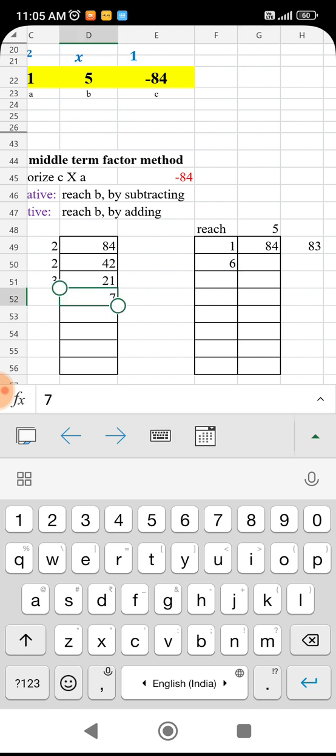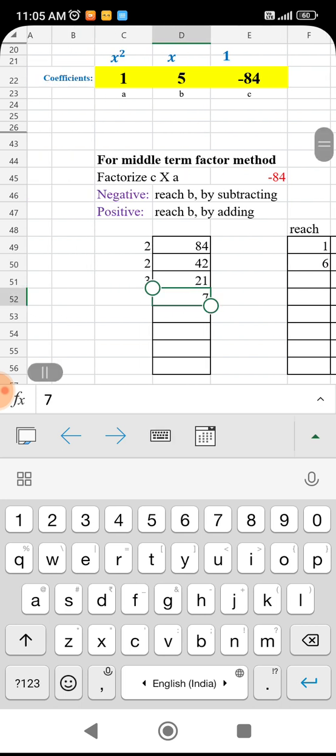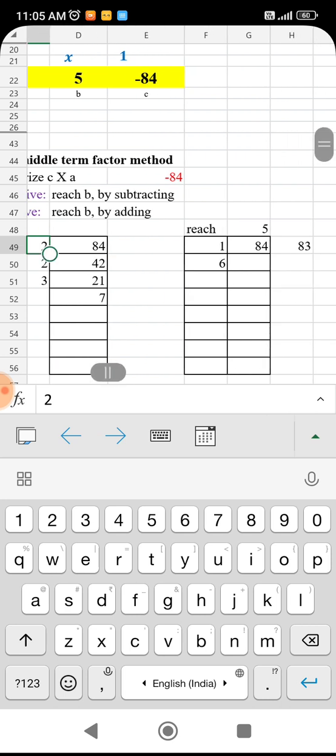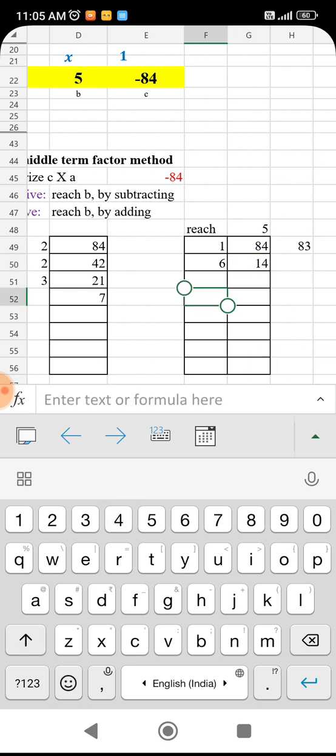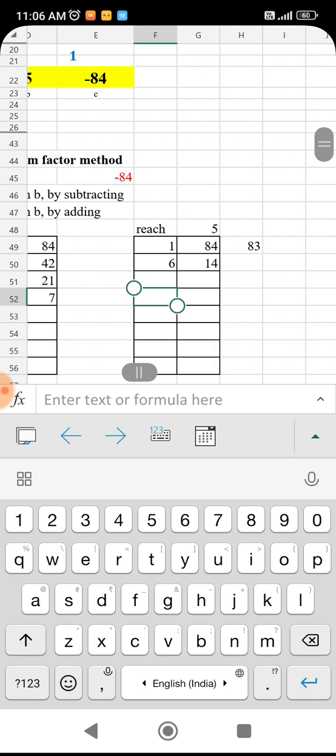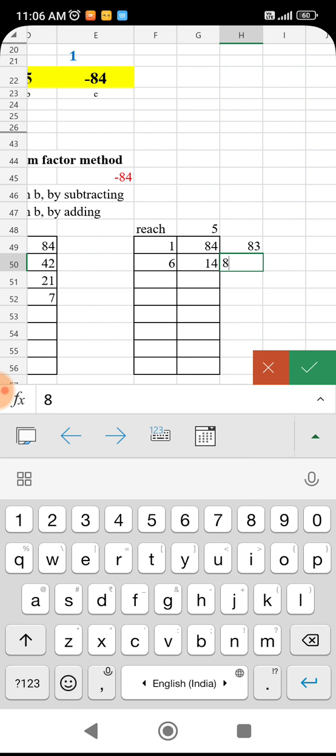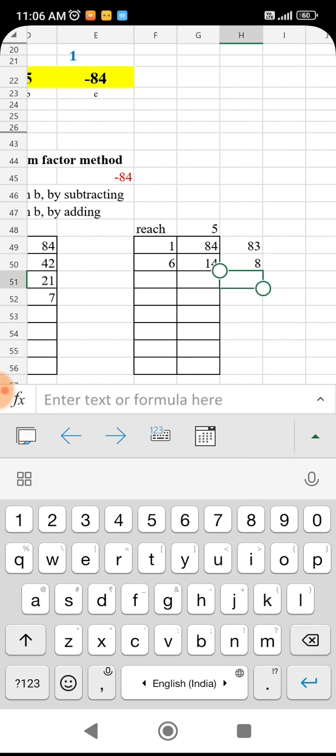This is 14, from the remaining 7 and 2. Don't go for 2, 3, 4, 5, 6 like that, we'll directly answer. Now subtract these two. Obviously 8. So we come very close to the 5.